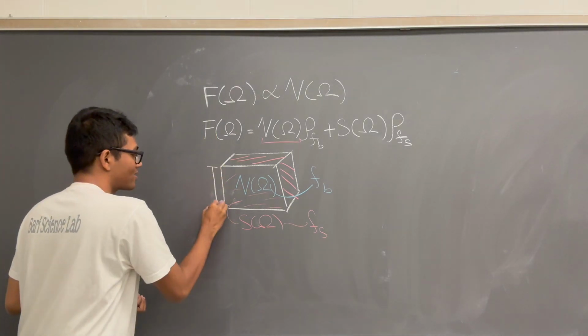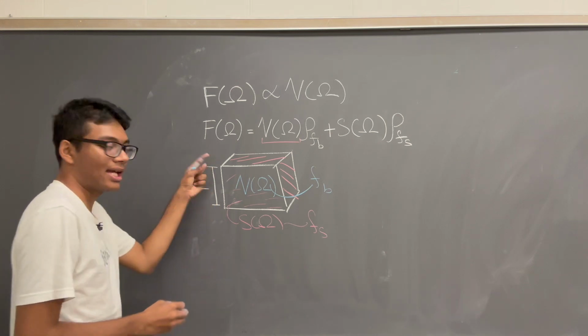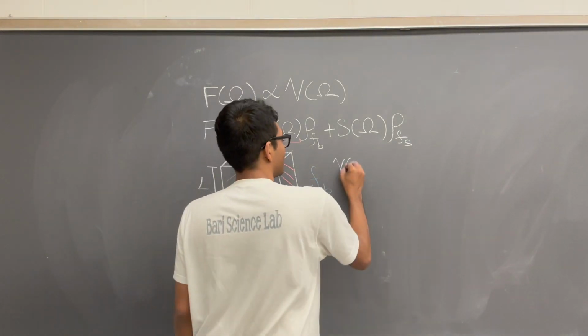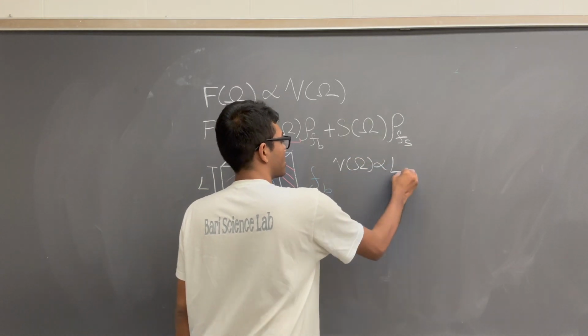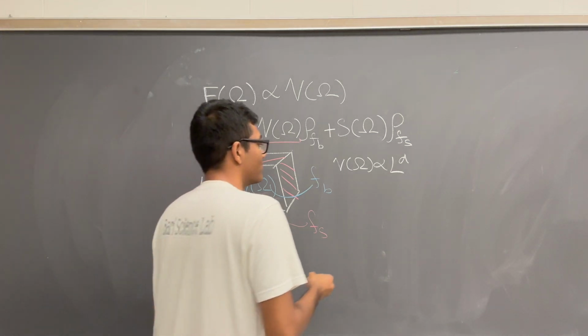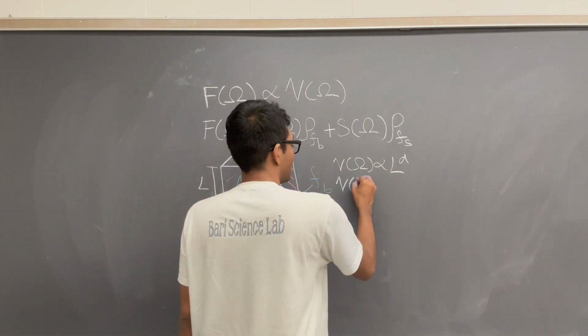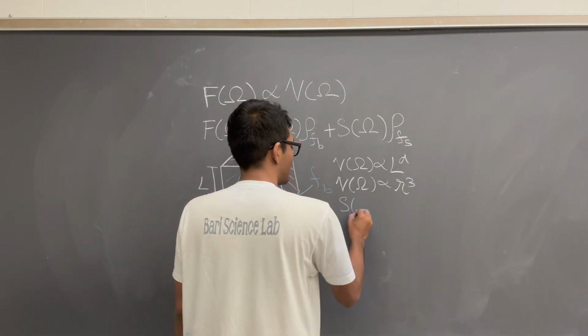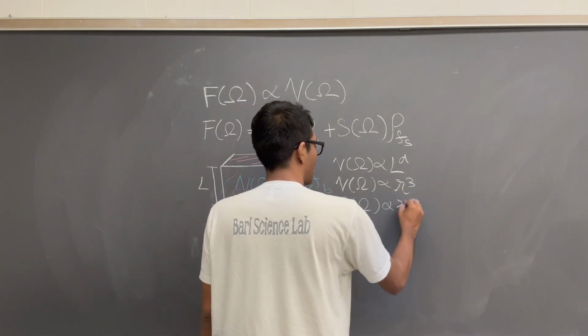That means that if our thermodynamic system has some characteristic length L, then of course the volume of the system will be proportional to L to the D, where D is the dimensionality of our system. For example, if you have a sphere, then the volume of the sphere is simply proportional to R cubed, and the surface area of the sphere is proportional to R squared.